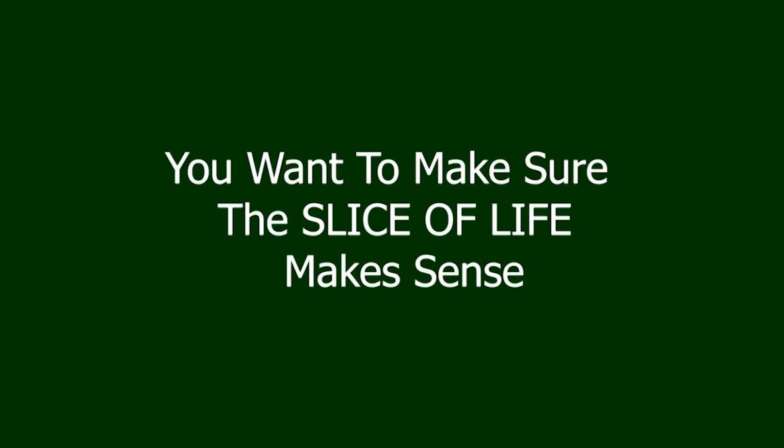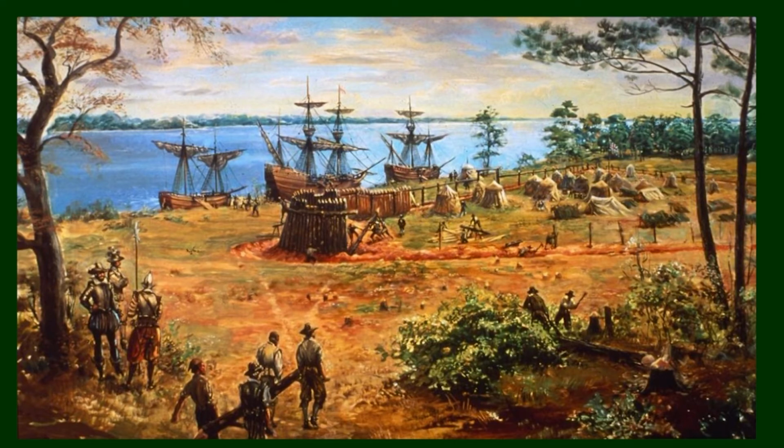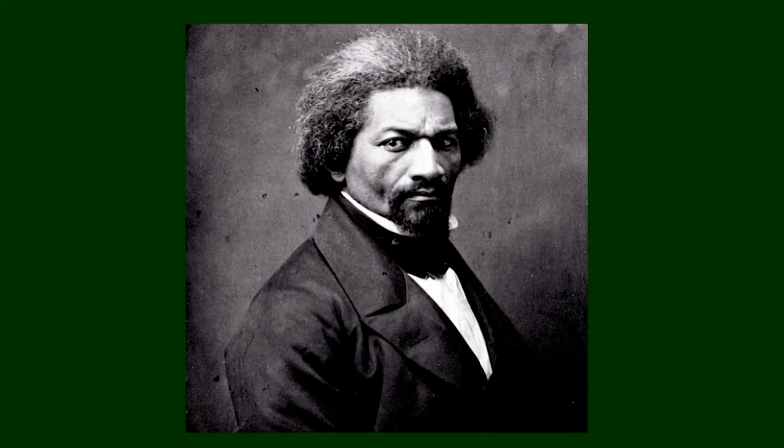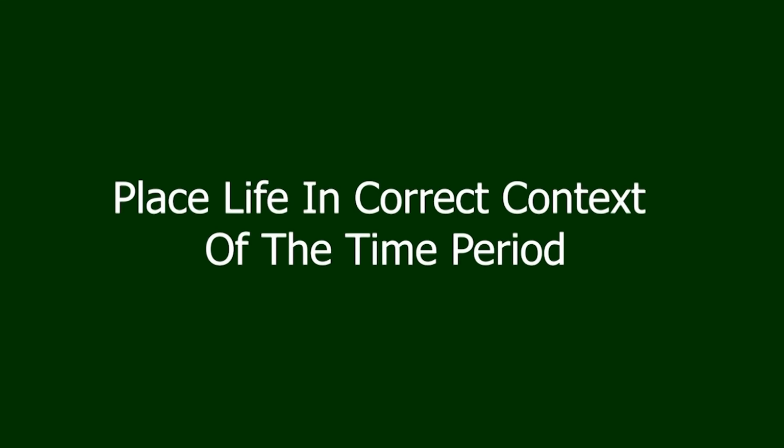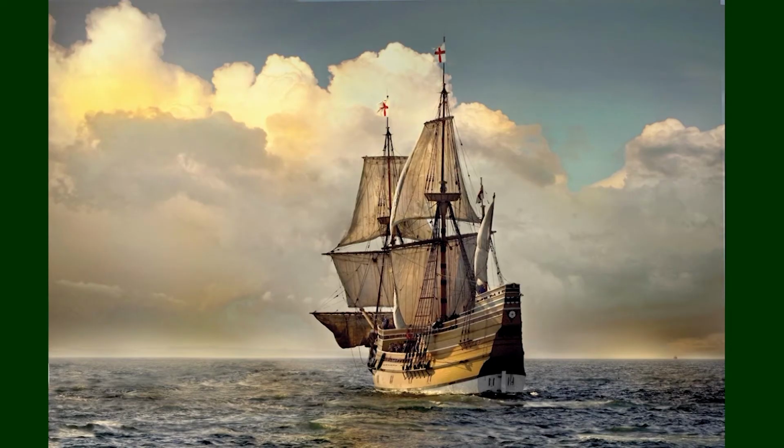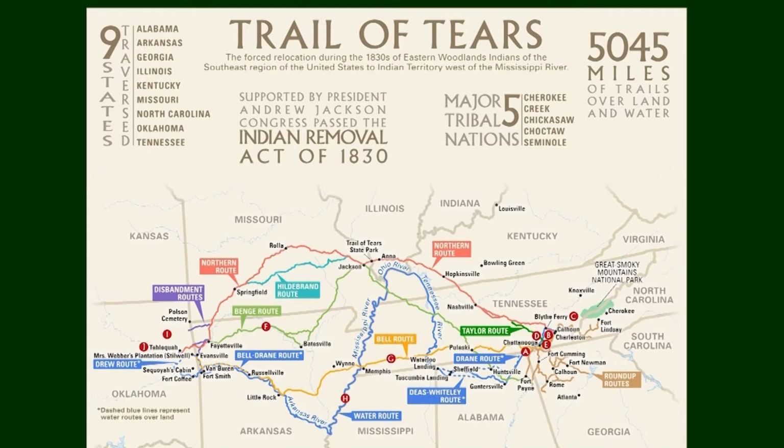Overall, for the slice of life paper, you want to make sure the slice of life makes sense. For instance, you cannot be an early settler in 1607 Jamestown and be a slave abolitionist. Also, remember to place your life in the correct context of the time period. For example, you cannot be on the Mayflower and write about the Salem witch trials or the Trail of Tears.